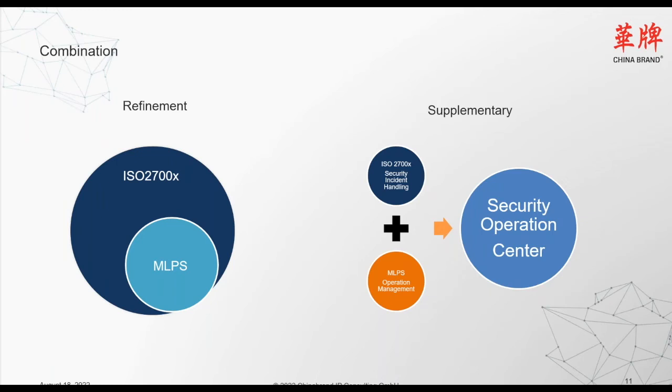So where you have requirements in both of these standards that can be combined very well and give you even higher security. Of course, you will have to make certain compromises. This is also due to the fact that the MLPS is a legal requirement.